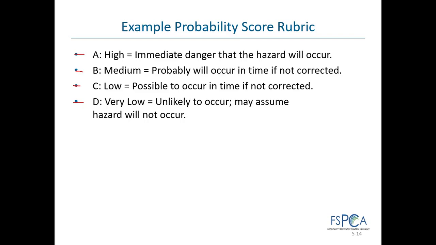I've said a few times that the CGMP program can influence the probability factor and raise or lower it depending on how good your prerequisite program is. That said, with our particularly high risk hazards, I'm thinking particularly about salmonella or copper in sheep, even if you've never had a problem with that, any FDA investigator is going to put those in at least a medium probability, if not a high, every time.